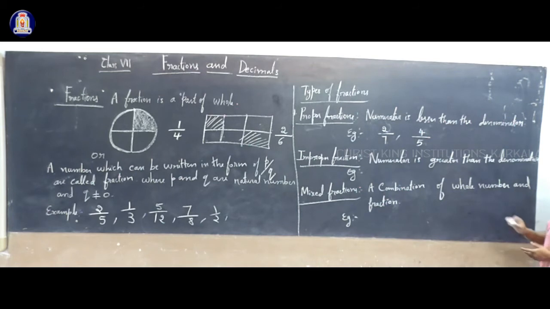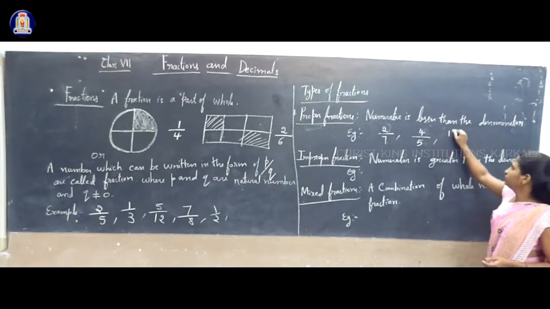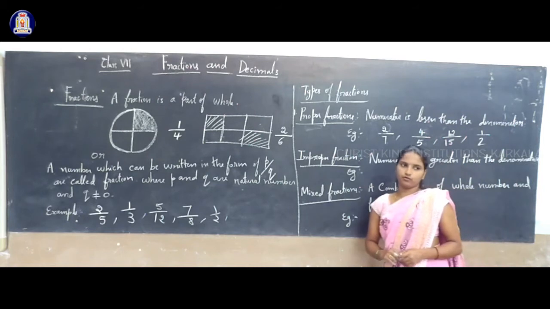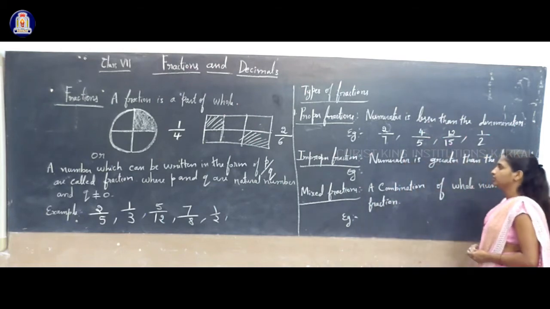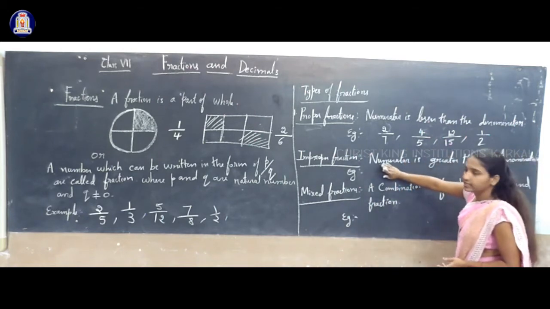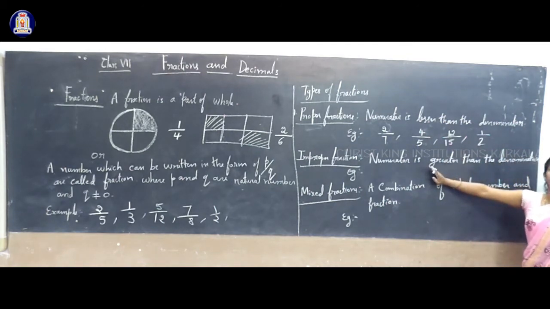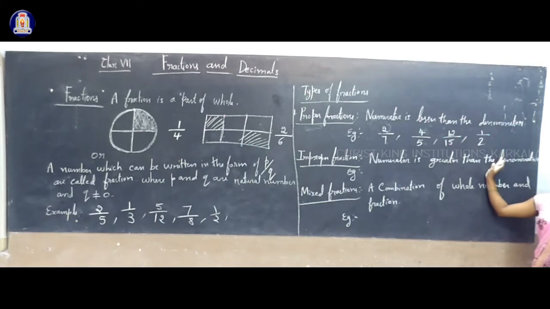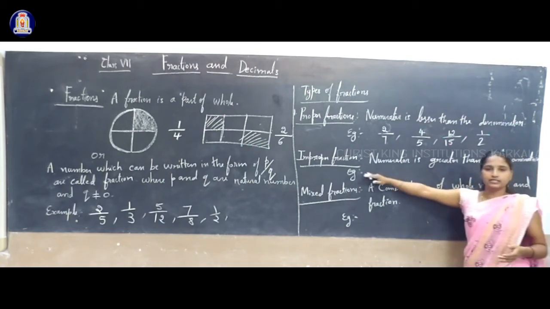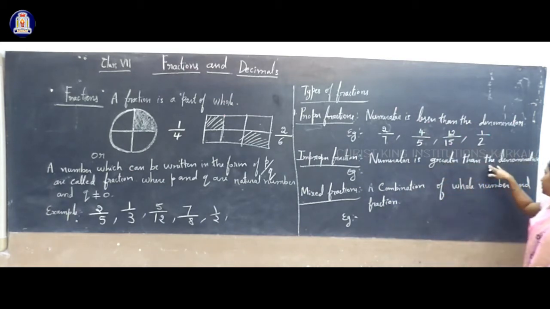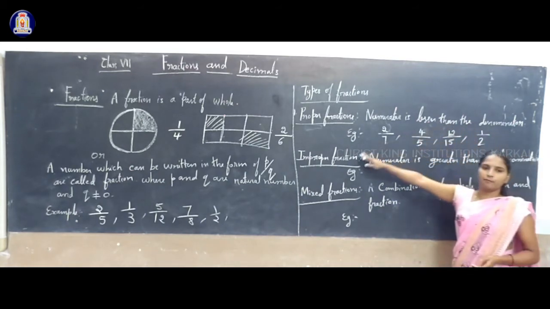Next, improper fraction. You can write two more examples. Okay, next we will see improper fraction. What is an improper fraction? The numerator is greater than the denominator. The numerator is always greater than the denominator. That is an improper fraction.